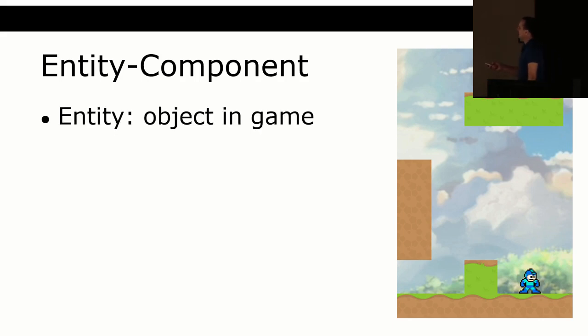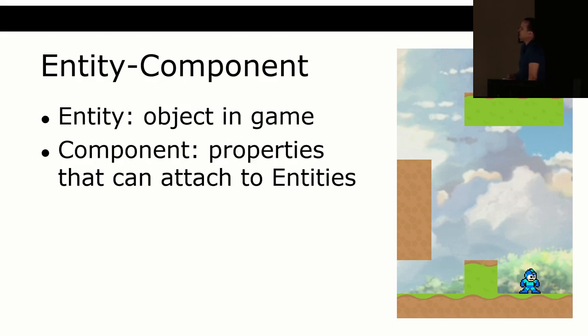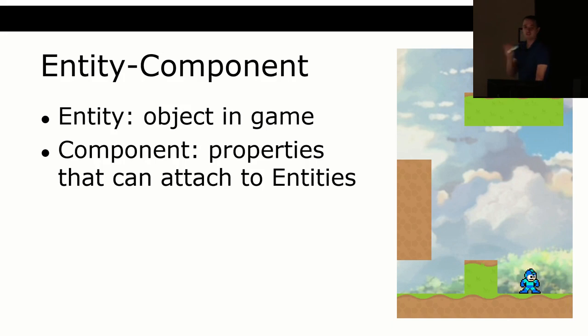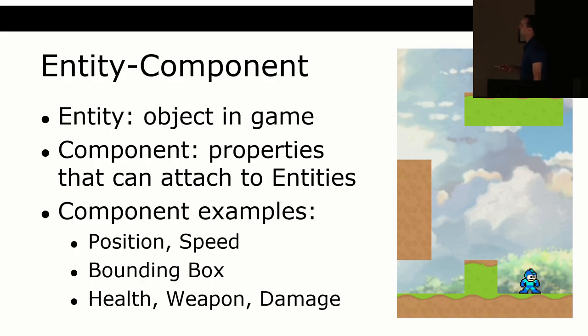So the entity component way of doing this is as follows. An entity, again, is just an object in the game, and then components are properties that we attach to entities. So you can think of an entity as just a container that holds components. Some component examples might be a position, a speed or a velocity, a bounding box, health, weapon, damage.